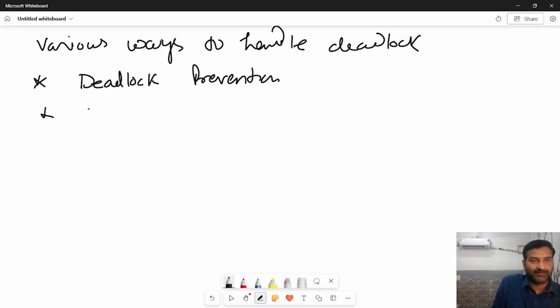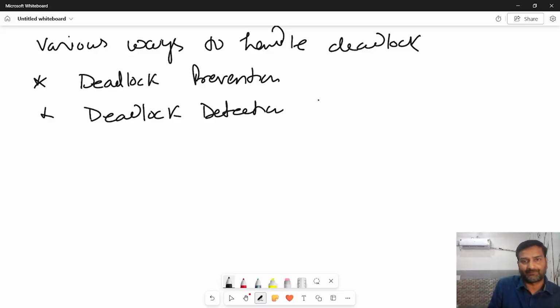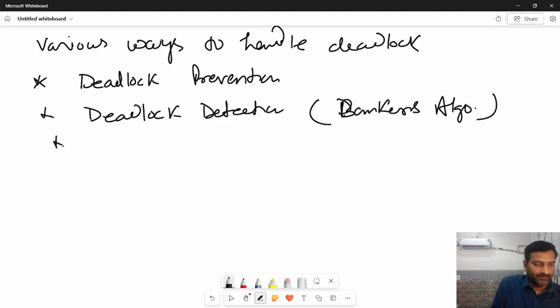Second way, we can use deadlock detection. Here we use Banker's algorithm. Third way, deadlock has occurred and we find the situation, so we can recover from deadlock.